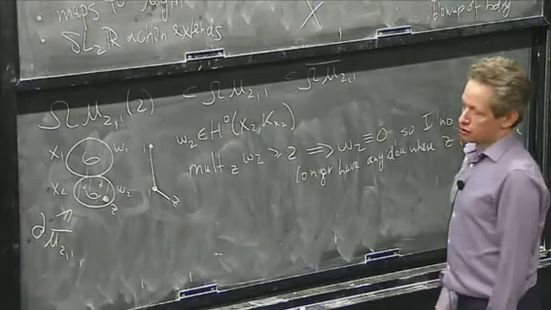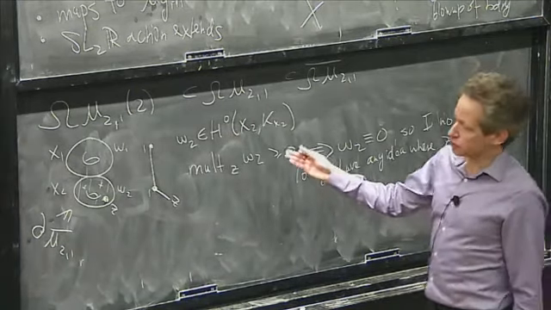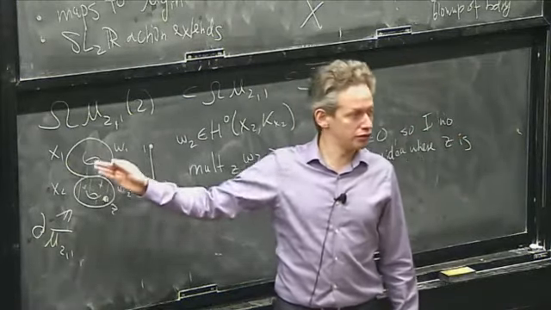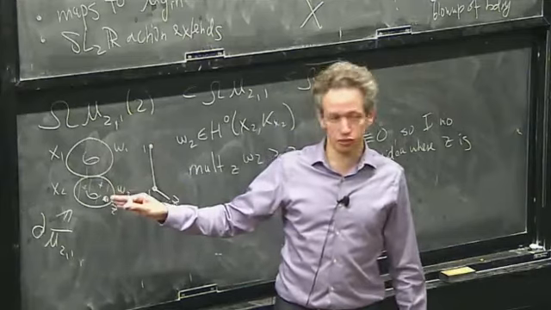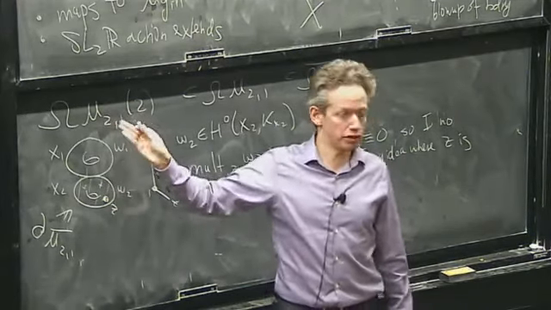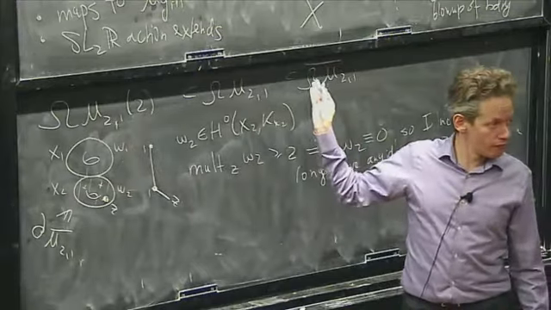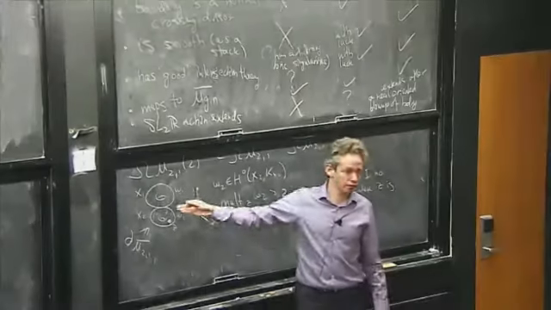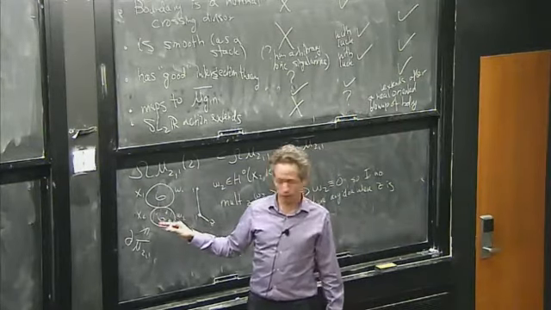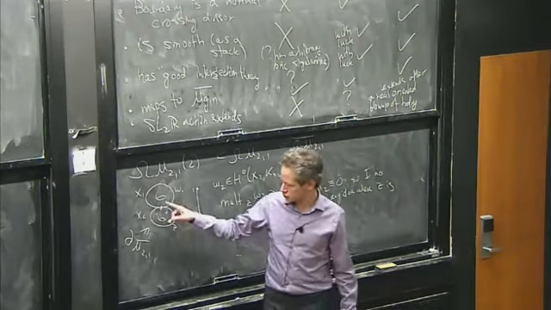So if you want to think about something explicit, you can ask yourself a very explicit question. Which configurations of this sort, two elliptic curves with a marked point on one, arise as boundary points of this stratum within here? Meaning, when is something like that a boundary point of a stratum? And the answer turns out to be that this is an elliptic curve, and it actually has two marked points, a node and this point.